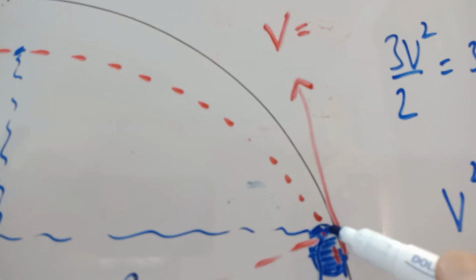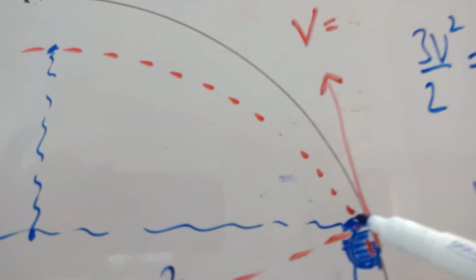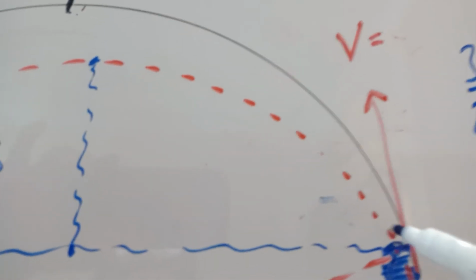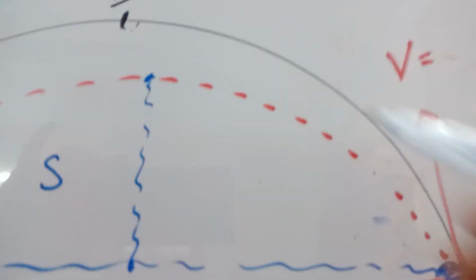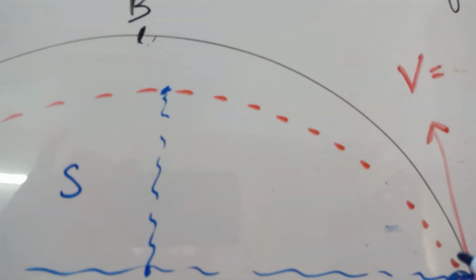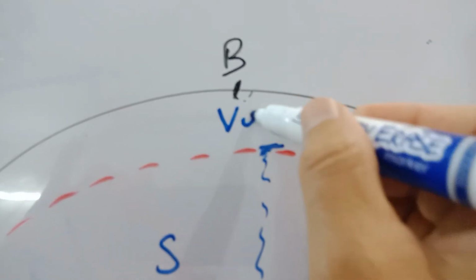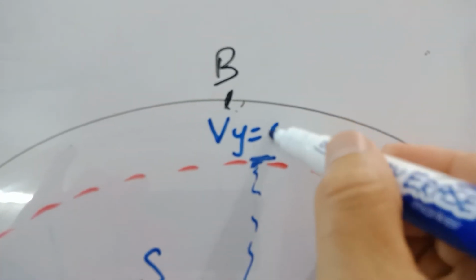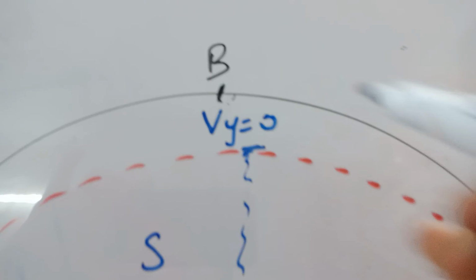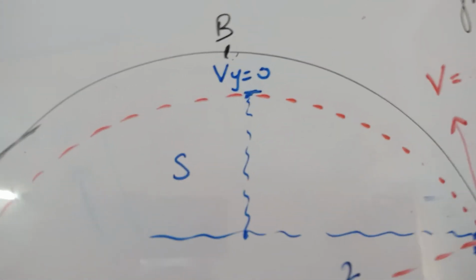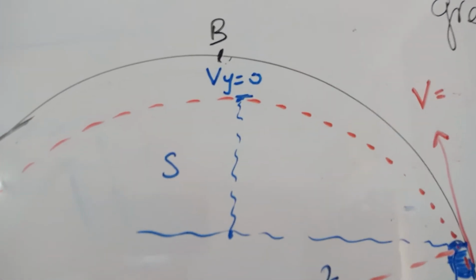That will become my initial velocity for the part of the journey where it is moving purely under gravity, a projectile kind of thing. We are quite sure that Vy will be equal to 0 when it reaches the highest point.